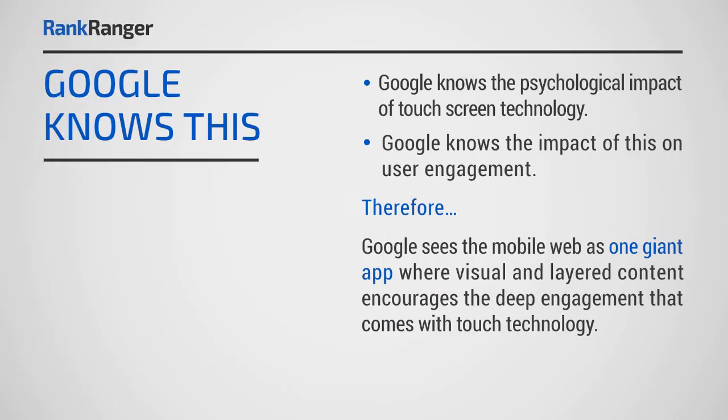Why? Because Google knows this. If I spend an hour or two researching this and I found this, you don't think Google knows about this? Right? Google knows that there's a huge psychological impact with touchscreen technology. And I'm not talking about a more surface-like emotional state, like a mood, right? Mobile devices, touchscreen devices make me happier. A mood is very transient.